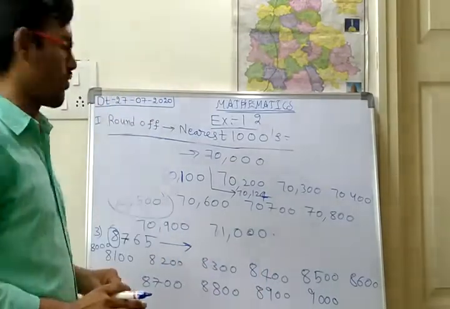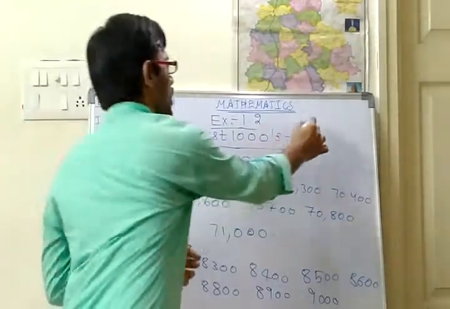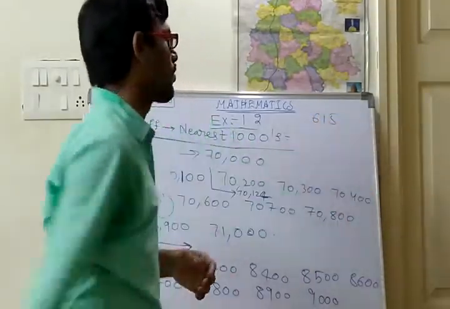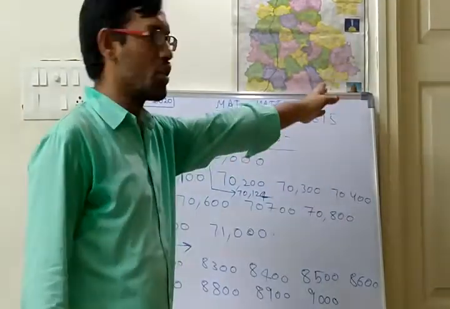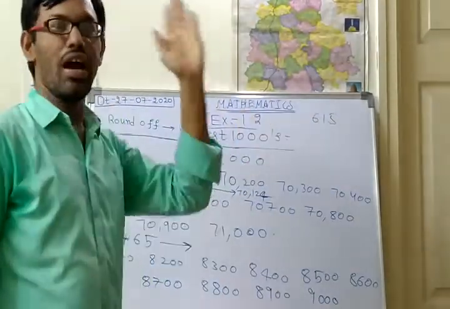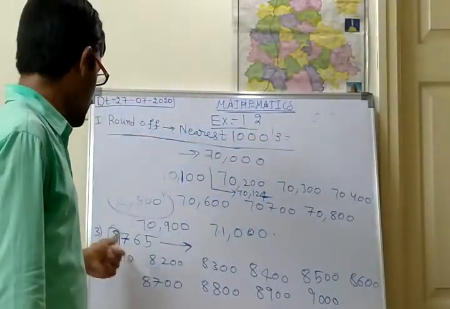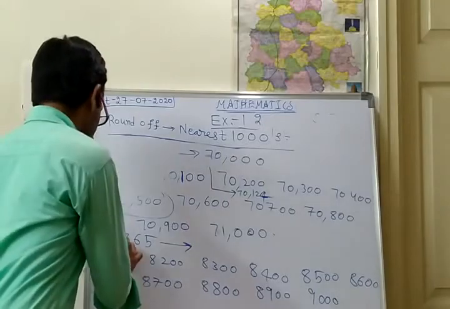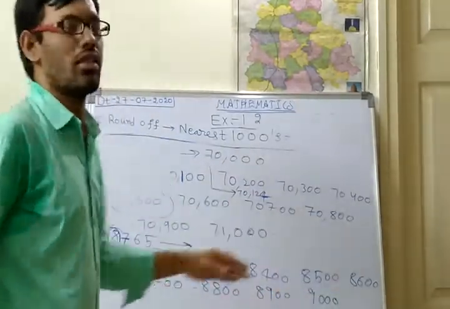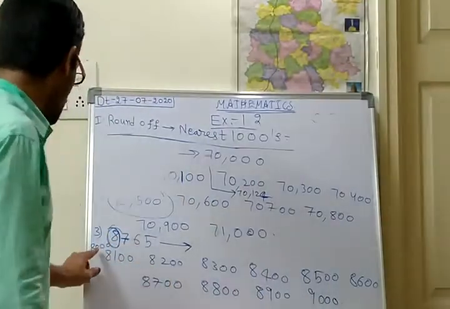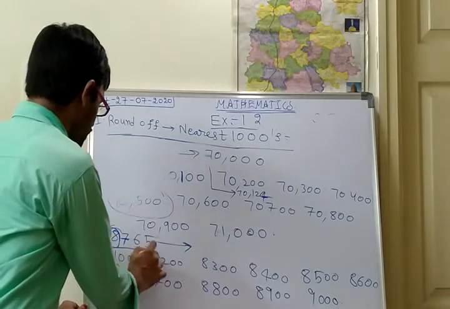Nearest 100 means, suppose 615 is there, then you should take in between 600 and 700. For the nearest thousands, whatever the first number is, you should identify in between that number and the next thousand, so in between 8,000 and 9,000. Where is 8,765 lying?